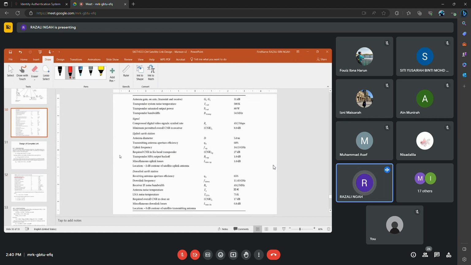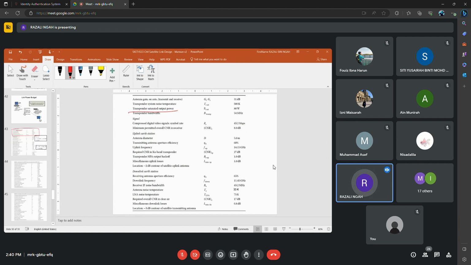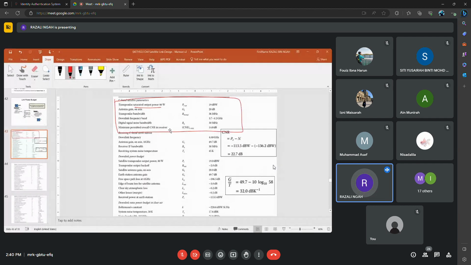You can see there is transponder saturated output power. So I just want to show this from this example.